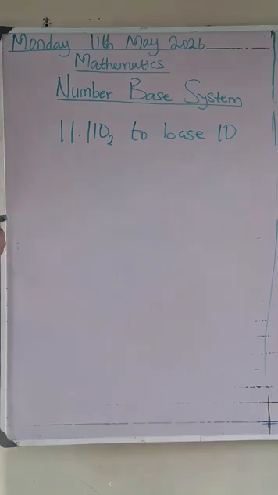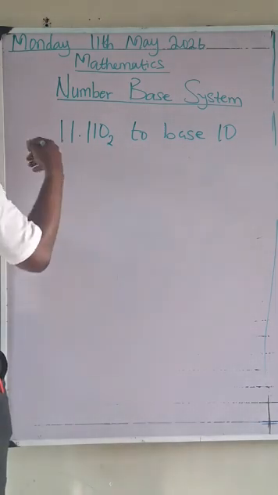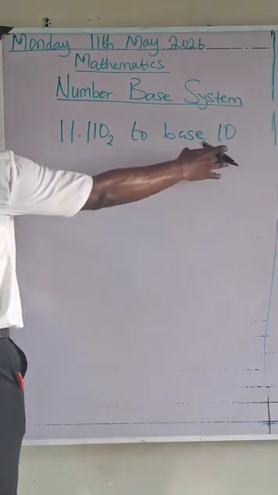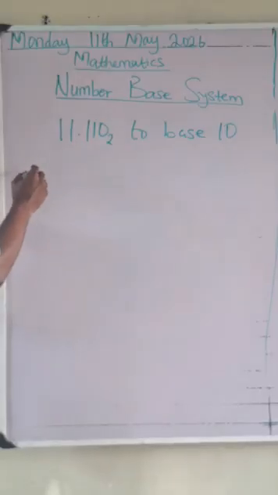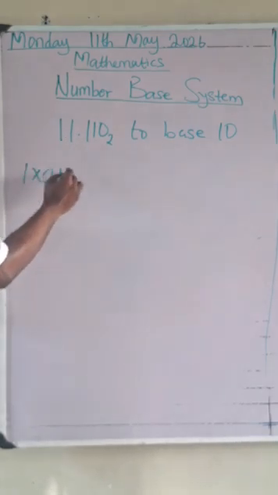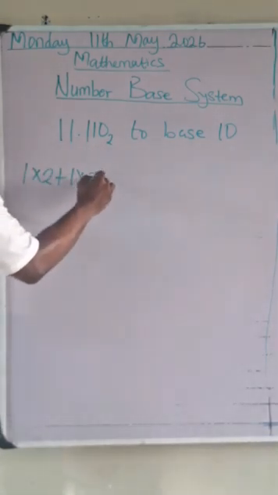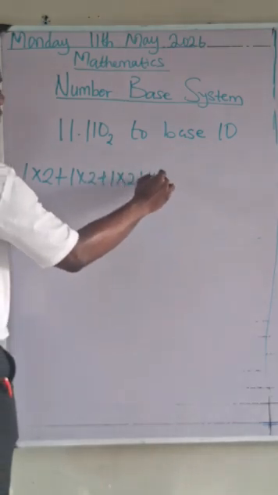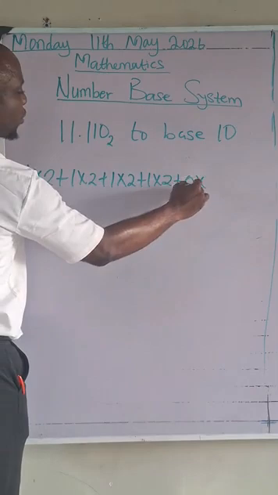Now what do you do? You still use expansion notation, because you're converting from base 2, from any base, to base 10. So the expansion notation says this one times the base plus 1 times the base plus 1 times the base plus 1 times the base plus 0 times the base.